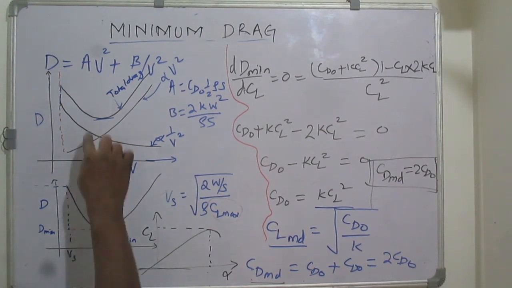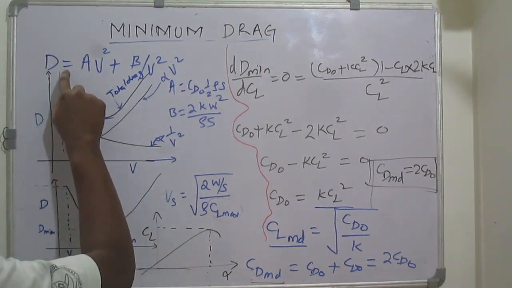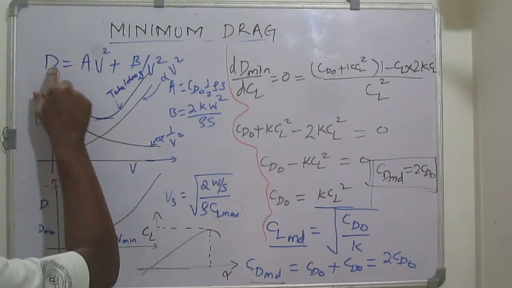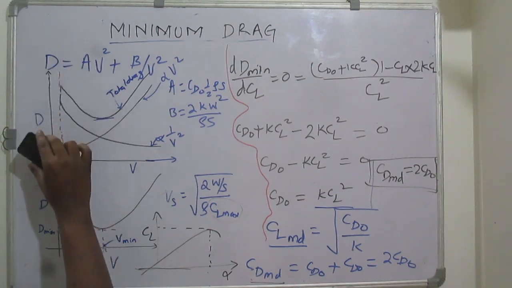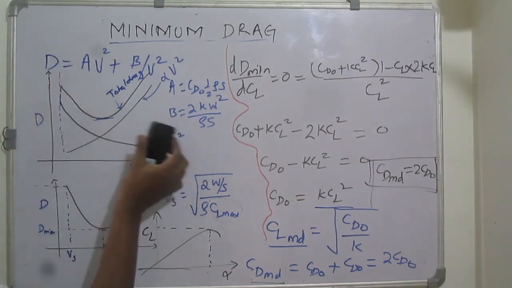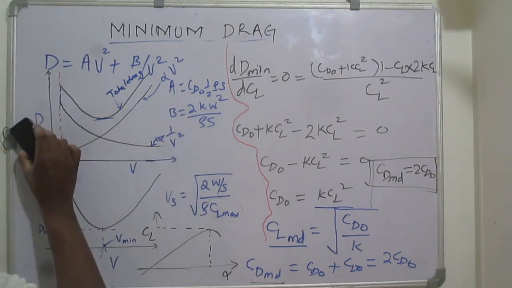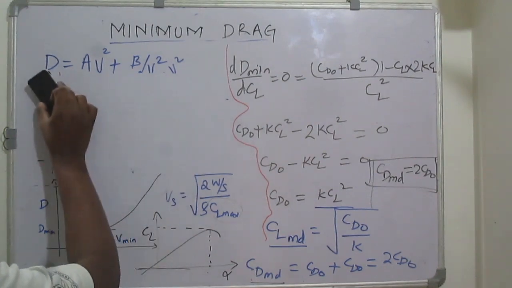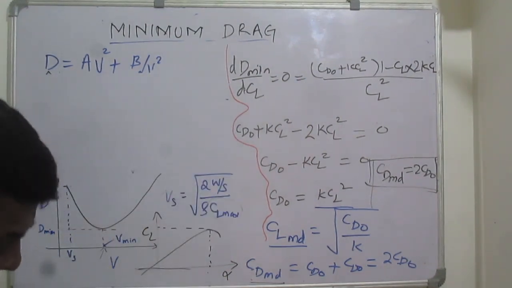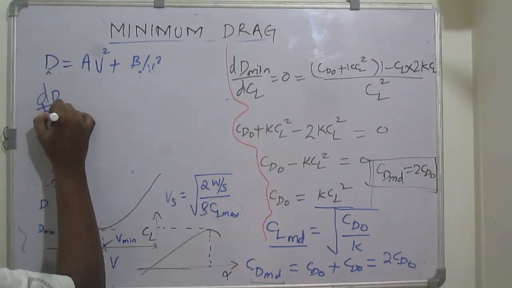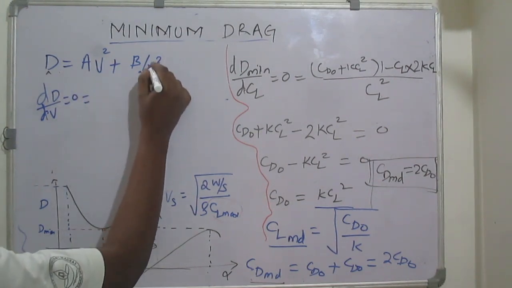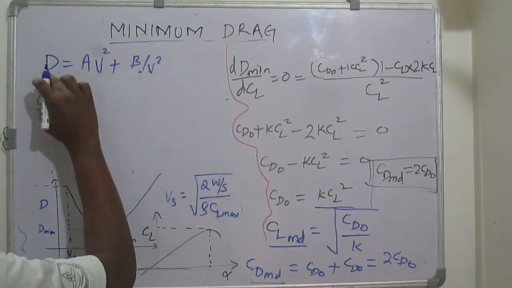If you want to find the velocity at minimum drag, we can obtain it from this equation by differentiating it. That is, dD by dV equals 0. If we differentiate this equation, we will get the velocity at minimum drag.